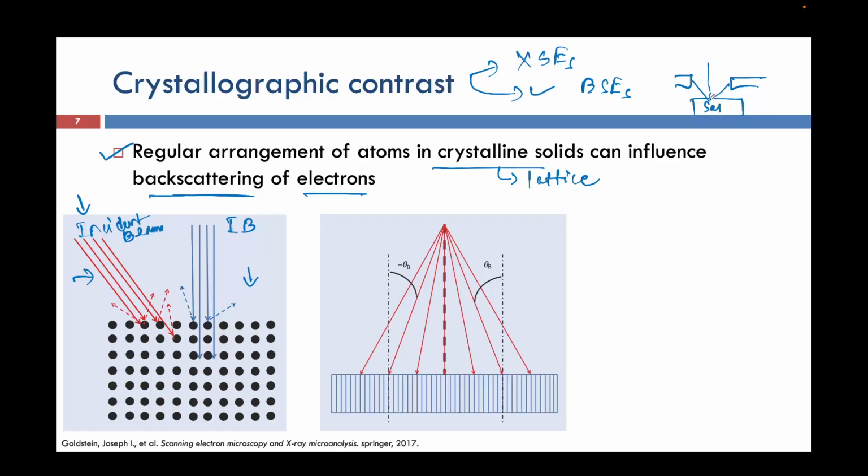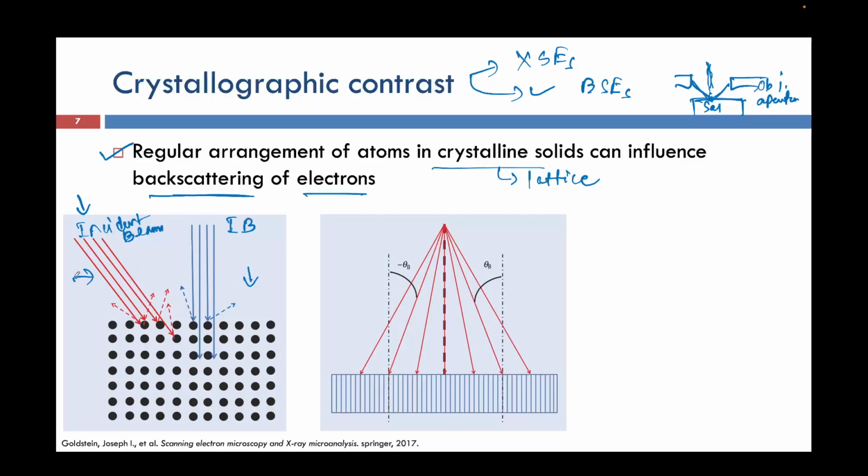So this is my objective aperture. Some of the rays will be oblique and some will be completely normal to the surface of the specimen.